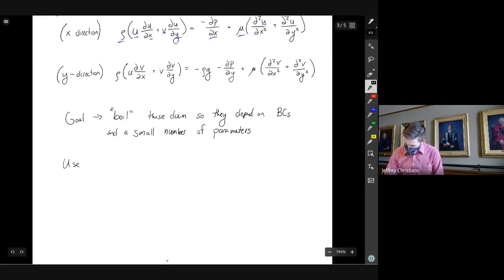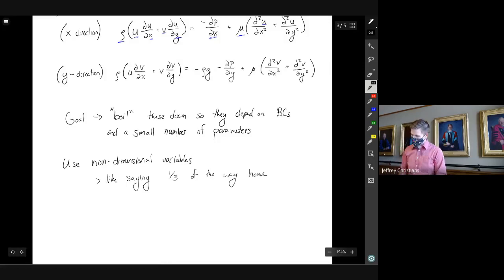So we use non-dimensional variables. If you're not familiar with non-dimensional variables, this would be like saying, I'm 1/3 of the way home.